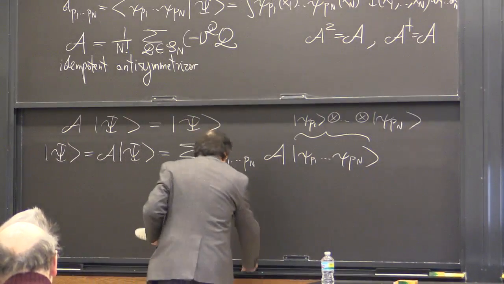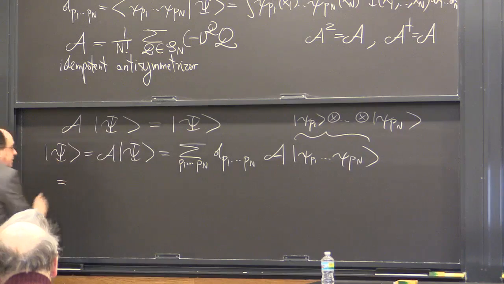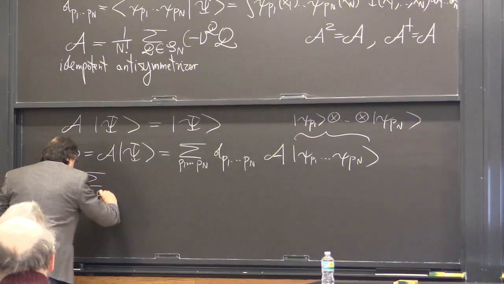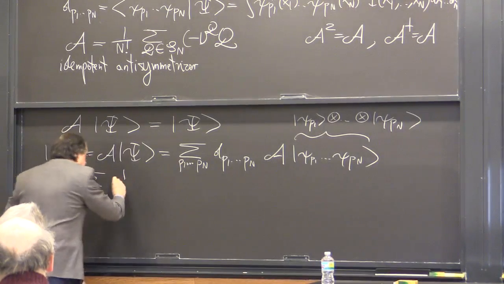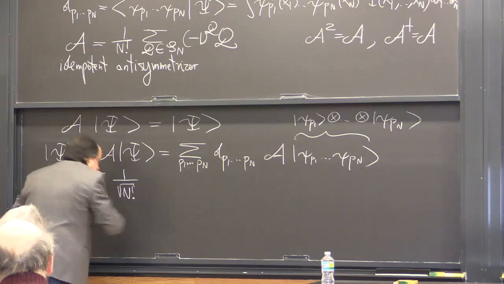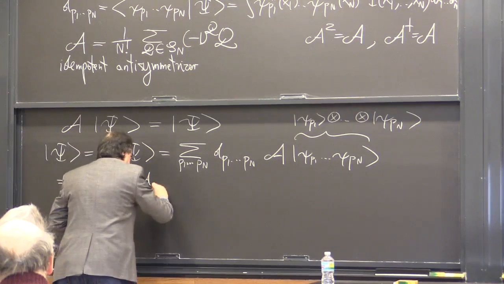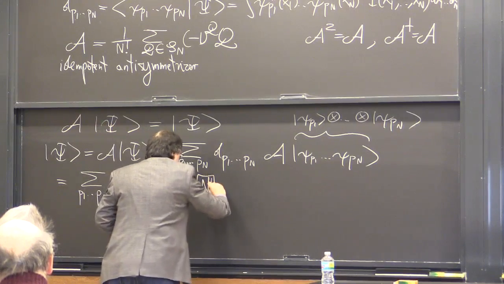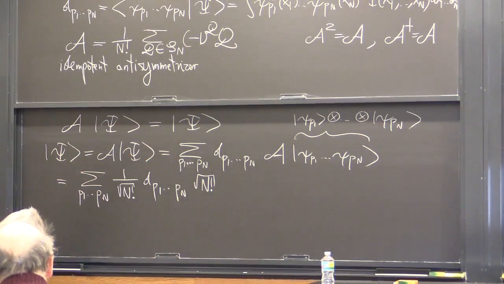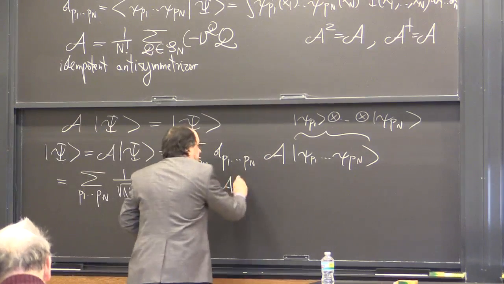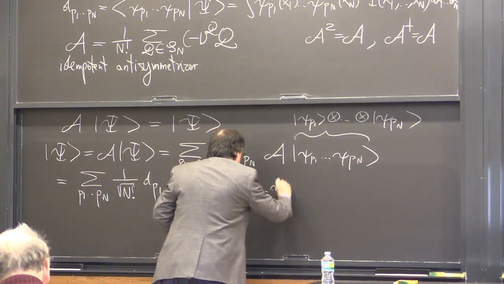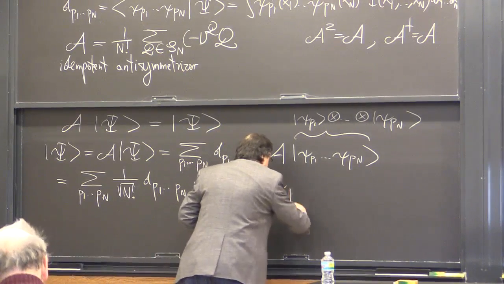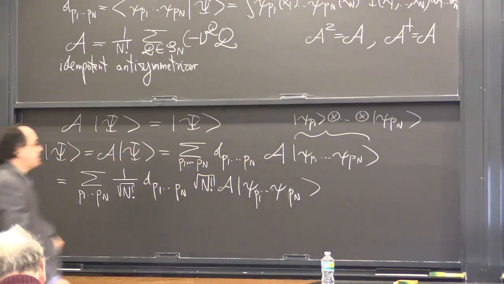Let me now perform a little straightforward manipulation as follows. I will stick 1 over square root of n factorial here, multiplying the d's, and then I will of course have it back so that it cancels out, and then the anti-symmetrizer acting on our psi P1 through psi Pn single particle states.